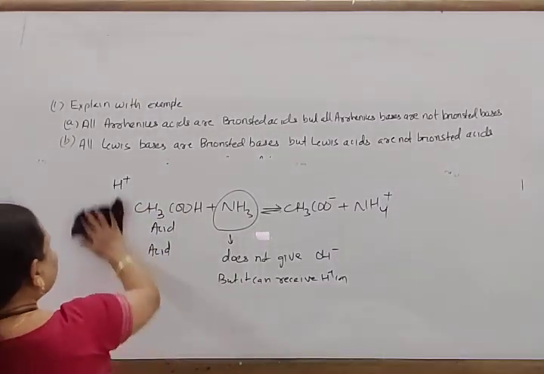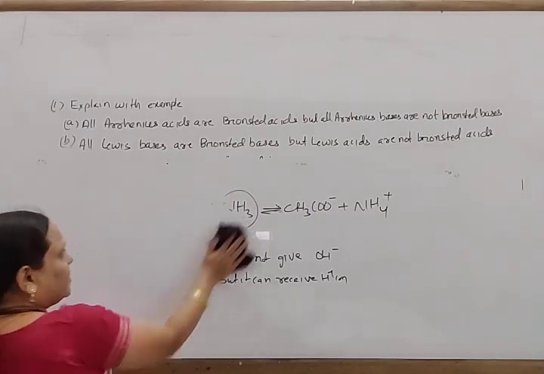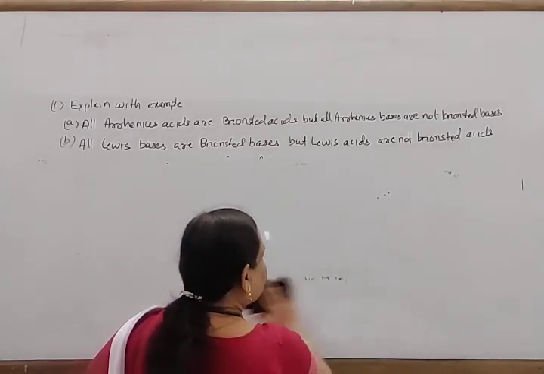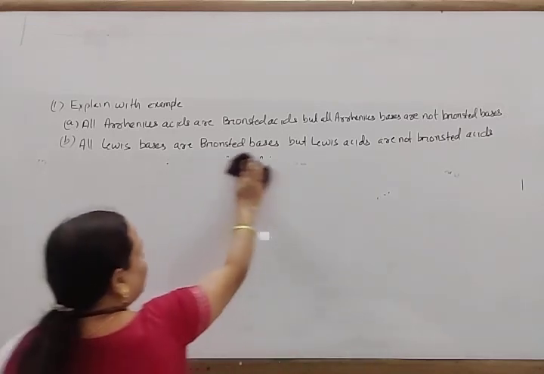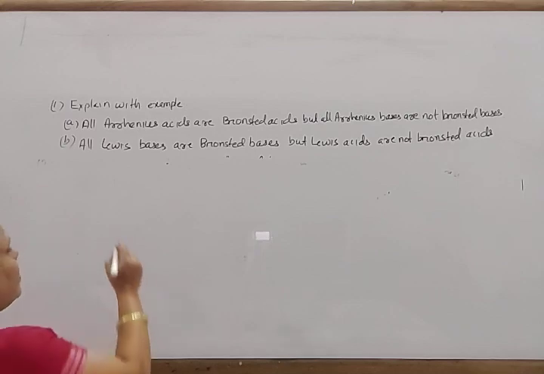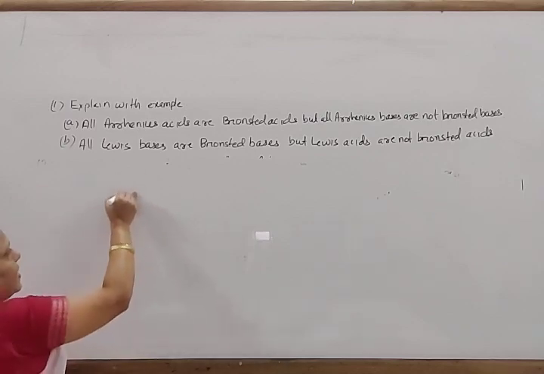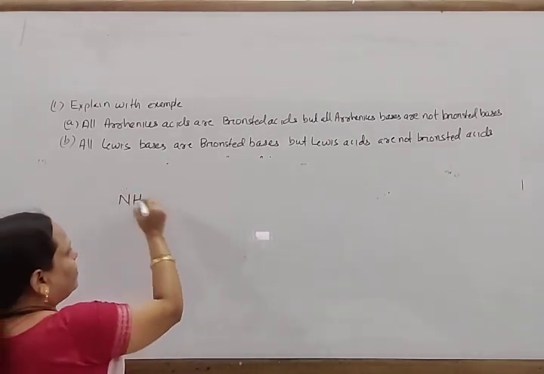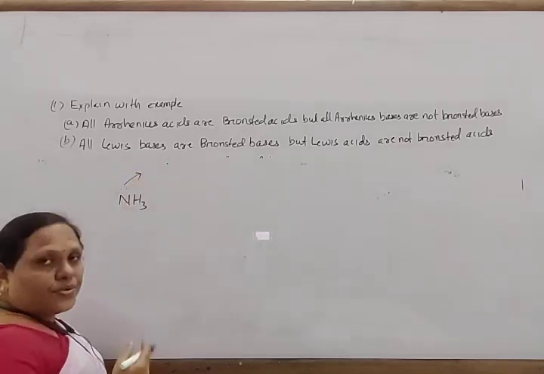Okay. Next, coming to: all Lewis bases are Bronsted bases, but Lewis acids are not Bronsted acids. Look here at the example of ammonia. Ammonia has a pair of electrons, so it can donate the pair of electrons to another species.